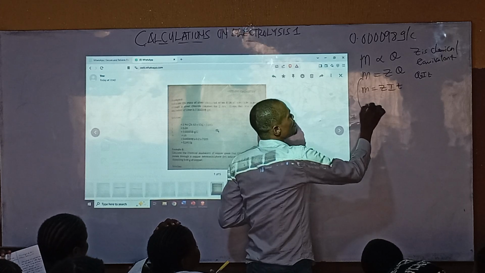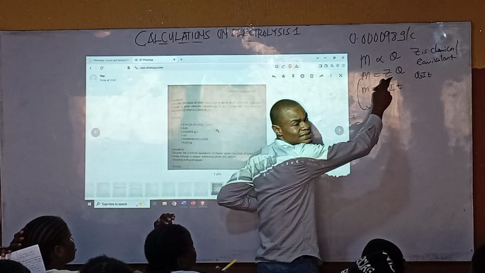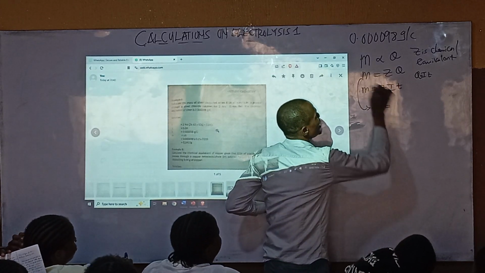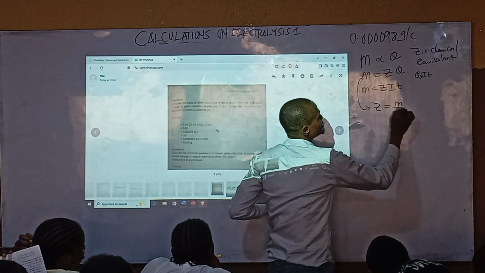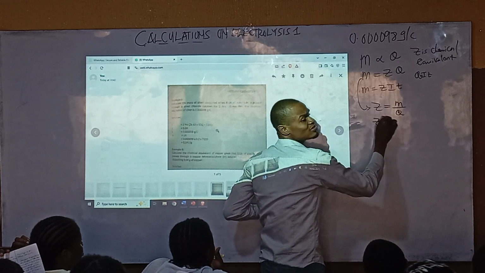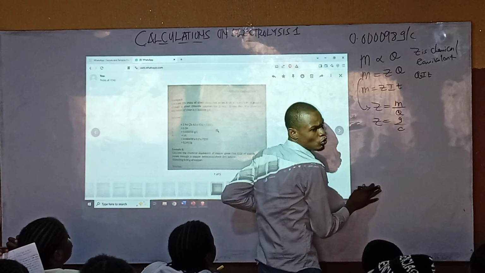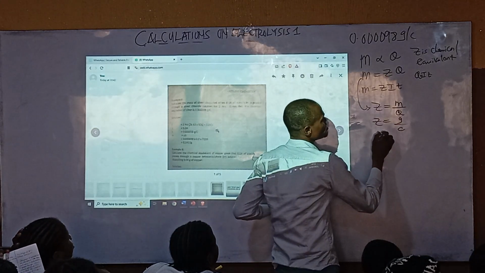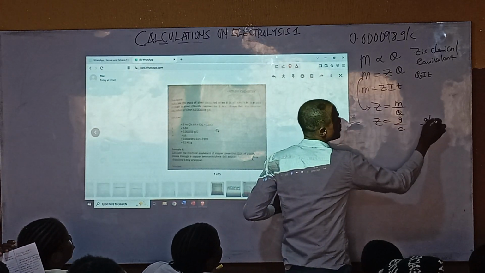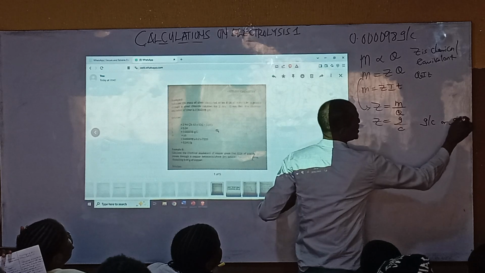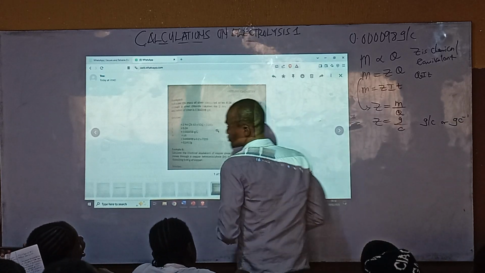You can make Z a formula: M divided by Q. In chemistry we use gram for mass. Q is in coulombs. So the unit is gram per coulomb.